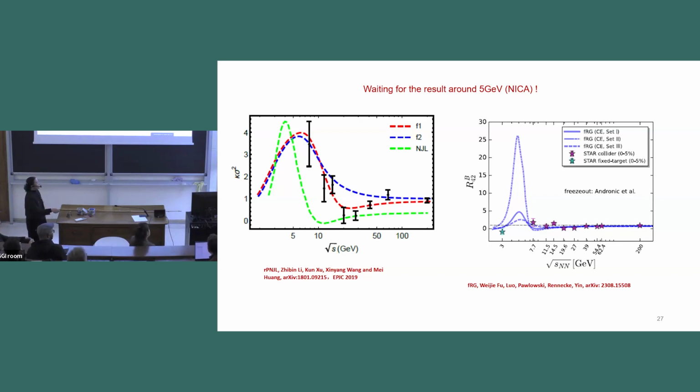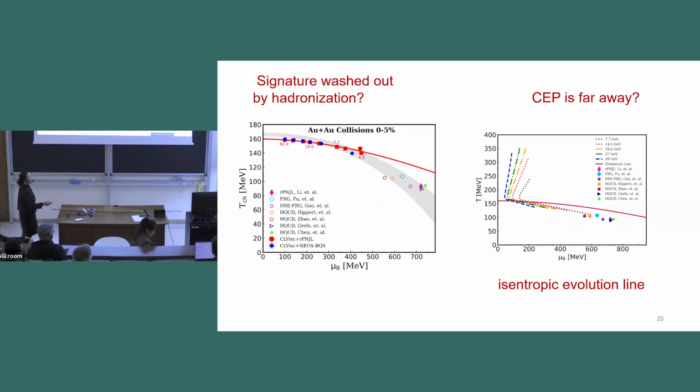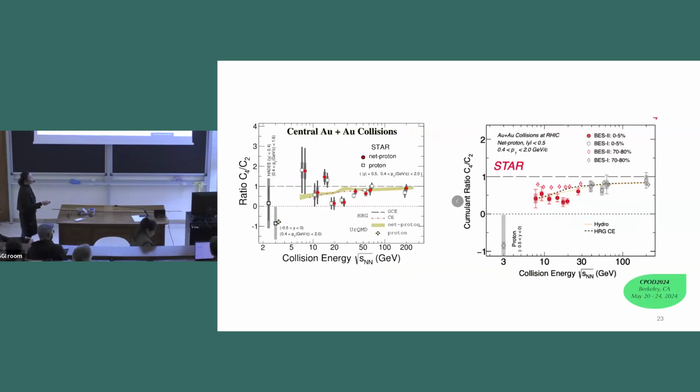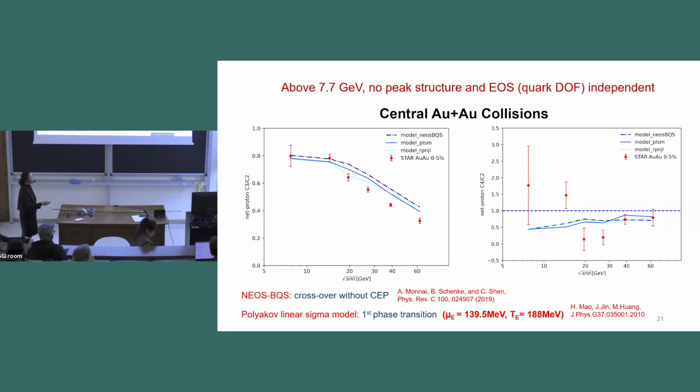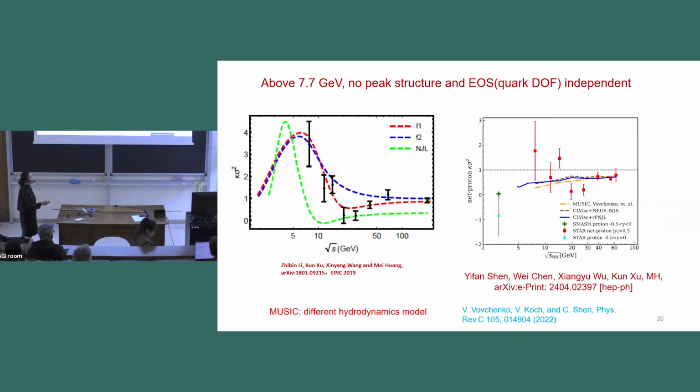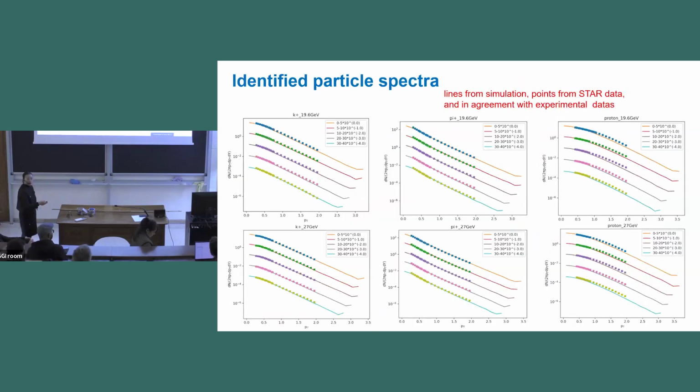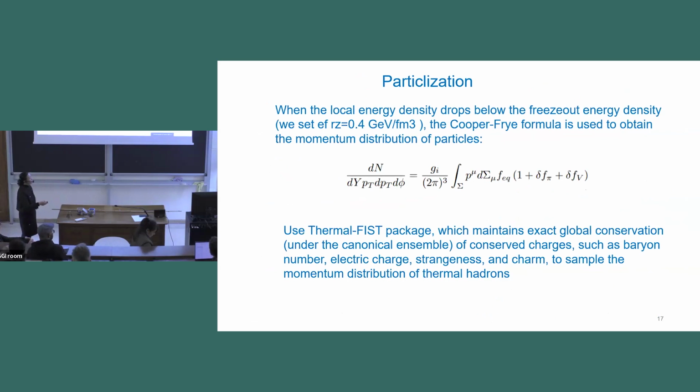This result is from FRG, from the freeze-out line you choose. Because as I showed here, this peak structure is very sensitive to the relation between the freeze-out line and your phase transition line.